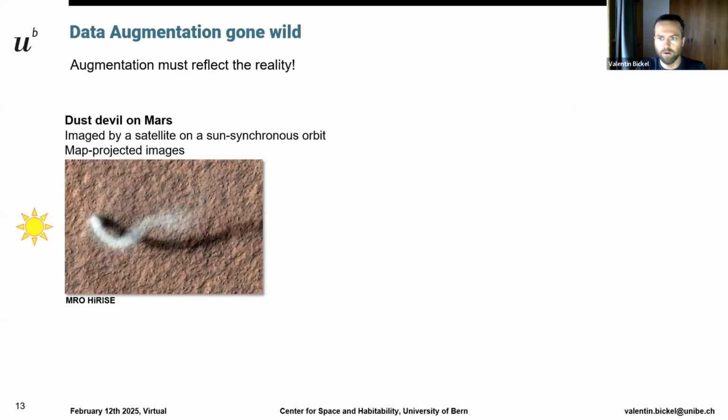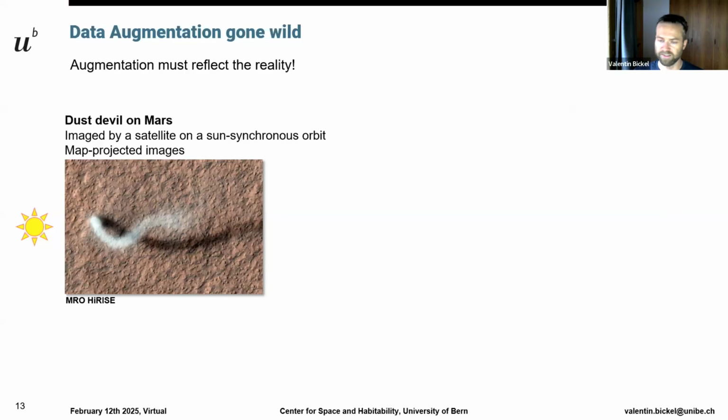And as some of you might know, MRO is on a sun-synchronous orbit, which means that it revisits the same spot on the surface at roughly the same local time. It's about 3 p.m. in the afternoon. And that means whenever you're using map projected high-res images on Mars, the sun will always be in the west. So a dust devil will always cast a shadow to the east, right?